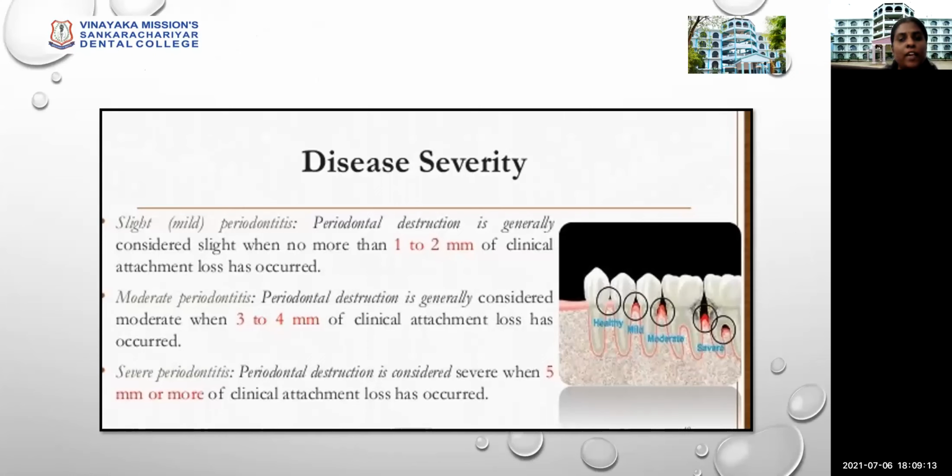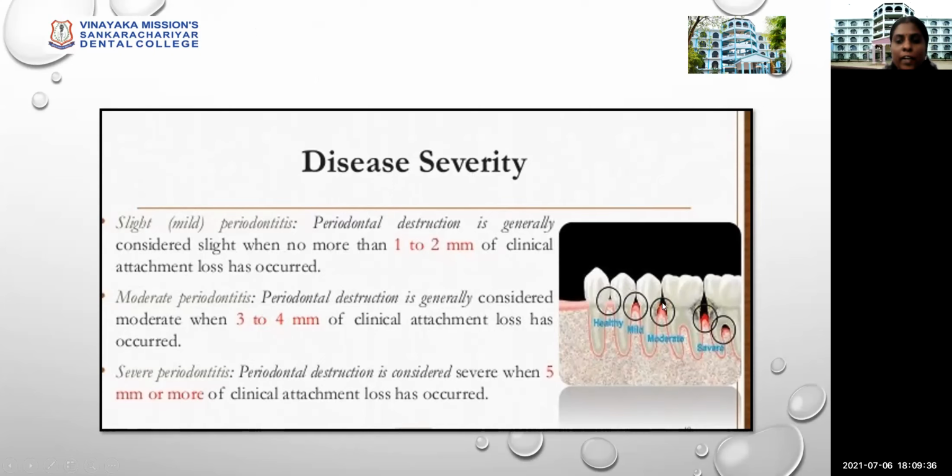Based on the disease extent, I told you how to classify it into localized and generalized. Now, based on disease severity, you can classify it into slight, moderate, and severe. This is based on clinical attachment loss, that is, when you measure from the CEJ to the base of the pocket. Here you can see the healthy gingiva, and mild, moderate, and severe periodontitis.